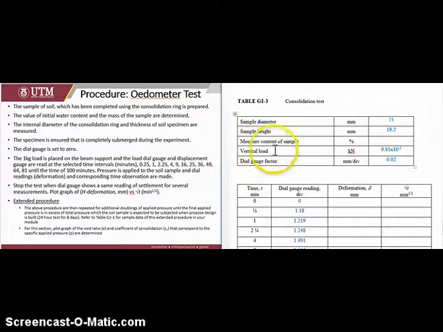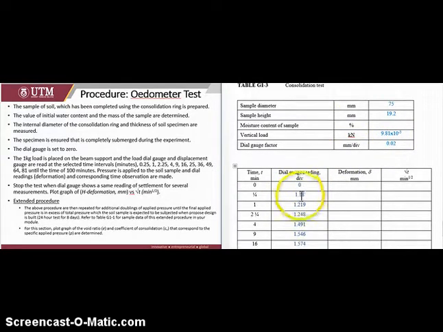As we do the loading, the first loading is 1 kilogram, and I already converted it for you to kilonewtons. And bear in mind, the dial gauge factor equal to 0.02 means every division of the dial gauge in the data given to you is representing 0.02 mm. So you need to multiply all the results in here by 0.02, so you can get the deformation.